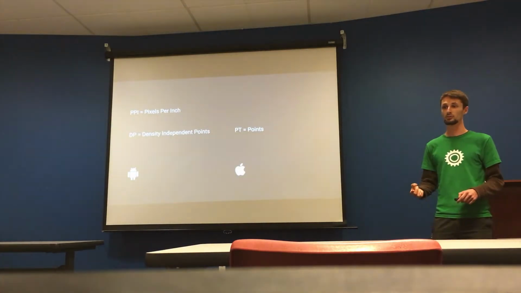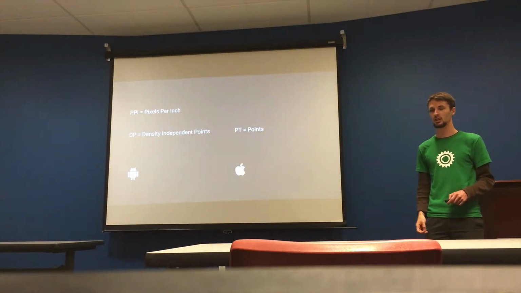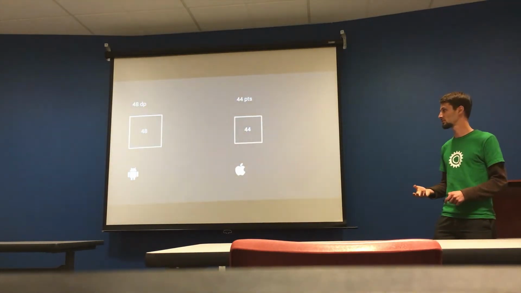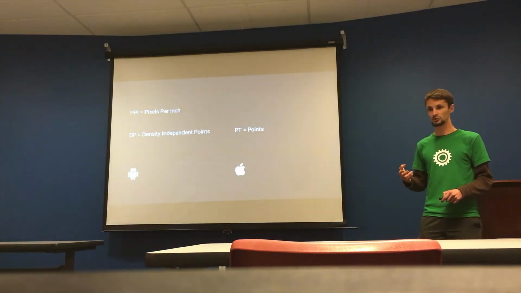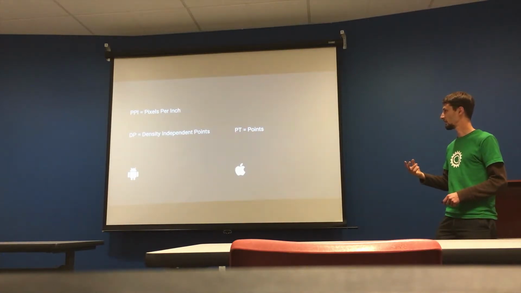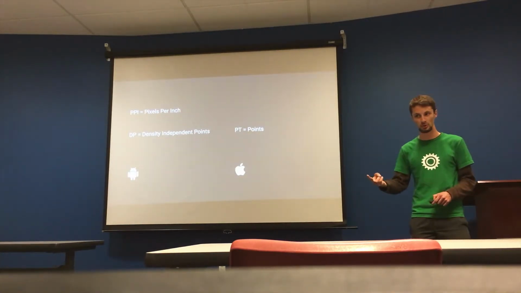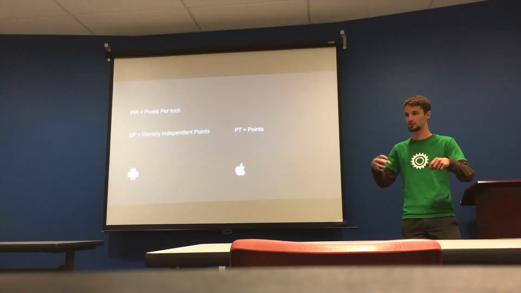These are really blurry phones, like the iPhone 3GS is a 1-to-1 ratio phone. Retina is Apple's like 2 times, right? So in that case, 1 point actually equals 2 pixels, right? So you can kind of see as phones stay the same size, but the screens get denser.